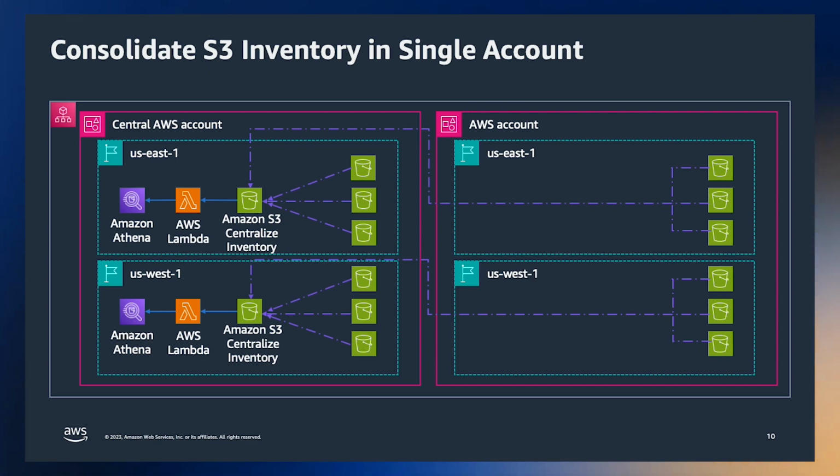You can analyze the data from this destination bucket using Amazon Athena, which is automatically configured in each region in the central AWS account. That's great, Balu. So now users don't need to go to each account to configure the S3 inventory. This solution is going to do that for them and consolidate all the data in a central account.